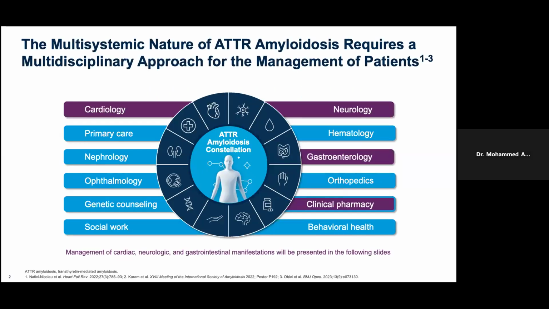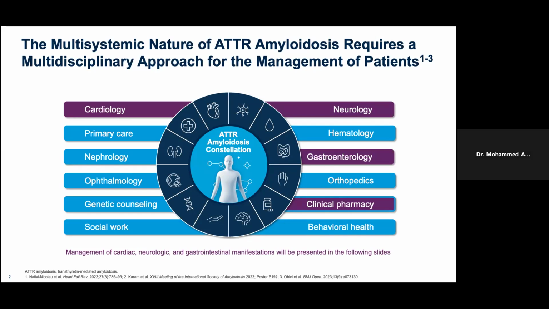Amyloidosis is a progressive multisystem disease requiring a multidisciplinary approach to optimize patient outcomes. While the cardiologist leads the management of heart failure, arrhythmia, and conduction abnormalities, collaboration with other teams is very important and crucial. Neurologists also play a critical role in evaluating peripheral and autonomic neuropathy, particularly in hereditary ATTR amyloidosis.